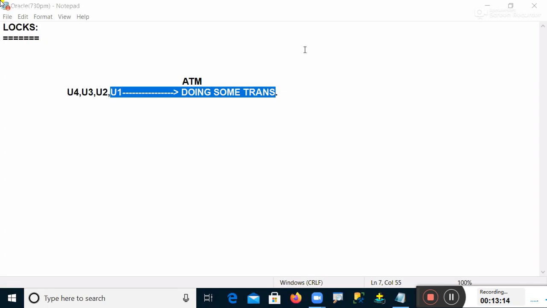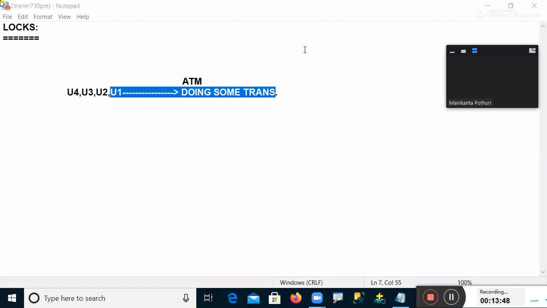That's why your server works on first in, first come. There are 100 users sending requests, but among these 100 user requests, any one user's request will reach the server first, and only that person's request is processed. The server takes that request, does the operation and sends a response to that user.